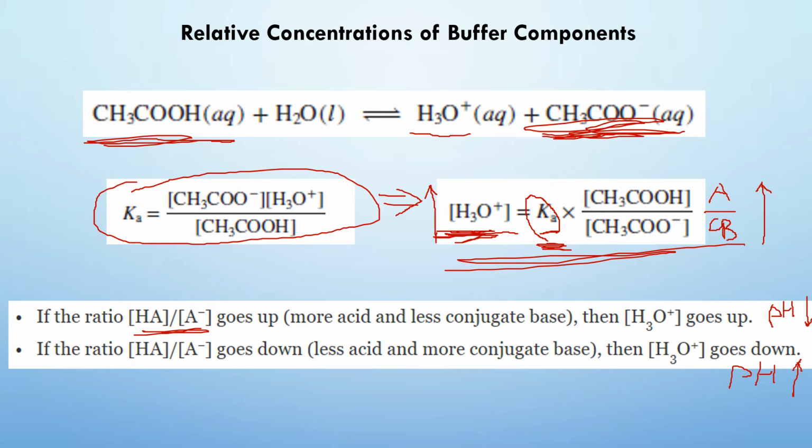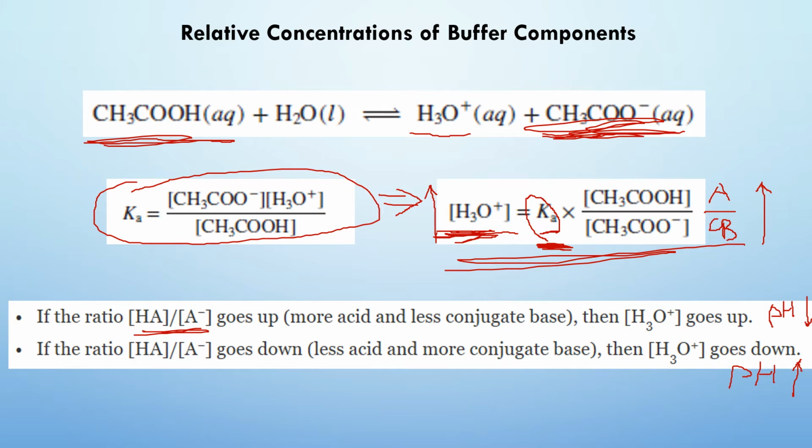So if we maintain this buffer system at the same temperature, which means the Ka is constant, the pH will depend on the ratio of the acetic acid and the acetate. So that is a very important concept related to the preparation of a buffer.